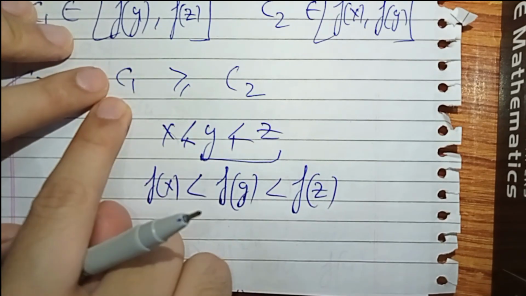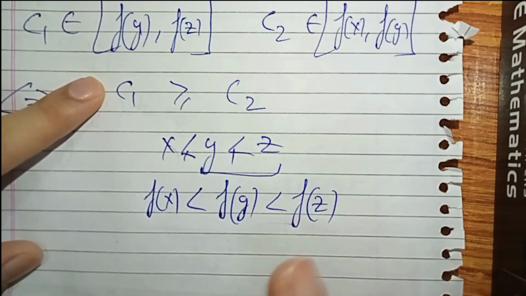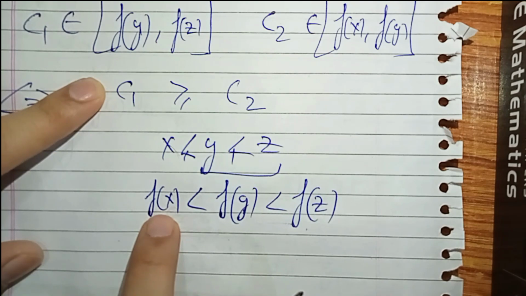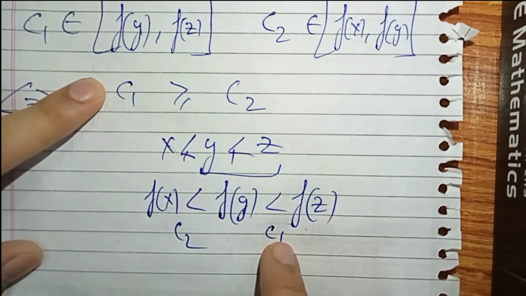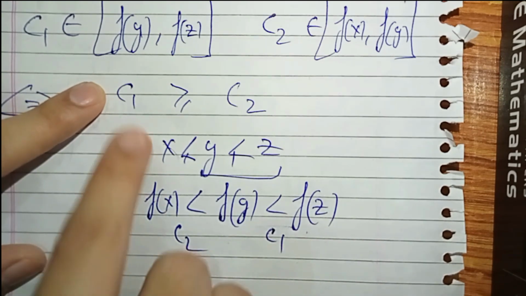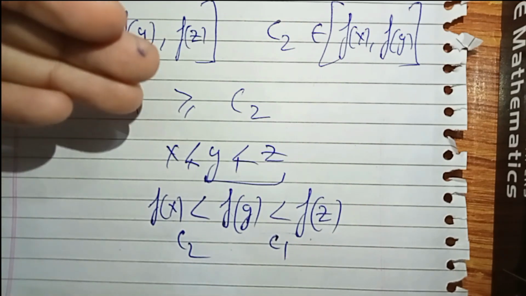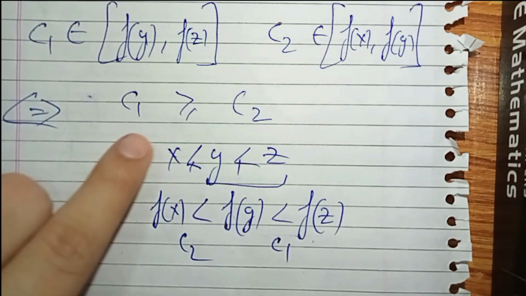And c1 lies somewhere here between f(y) and f(z), and c2 lies here between f(x) and f(y). So c1 is naturally greater than c2. So that's what we have written here, c1 is greater than c2. So this thing is trivial. You can give the reasoning for this, and you have proved this.